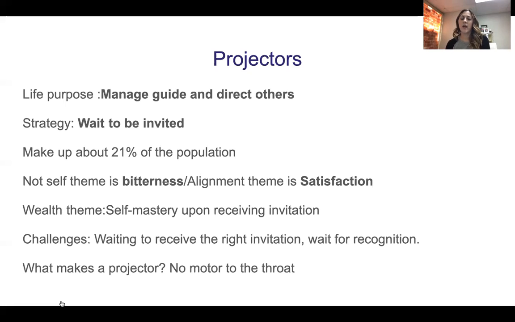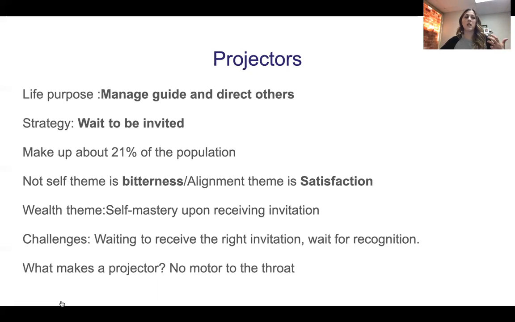Especially if they're trying to force invitations. You'll often hear projectors ask, how do I get an invitation? There are two ways: to know their worth and value, and to make sure they have enough energy when other people invite them. If they focus their energy on places they shouldn't be, trying to direct people who aren't wanting to hear, or sharing things where they're not supposed to, they use their energy up.